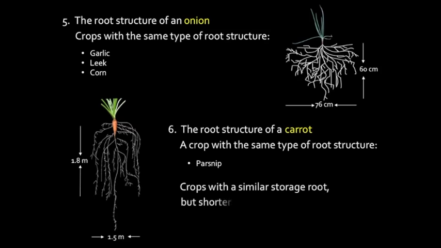Crops with a similar storage root, but shorter and rounder: radish and turnip.